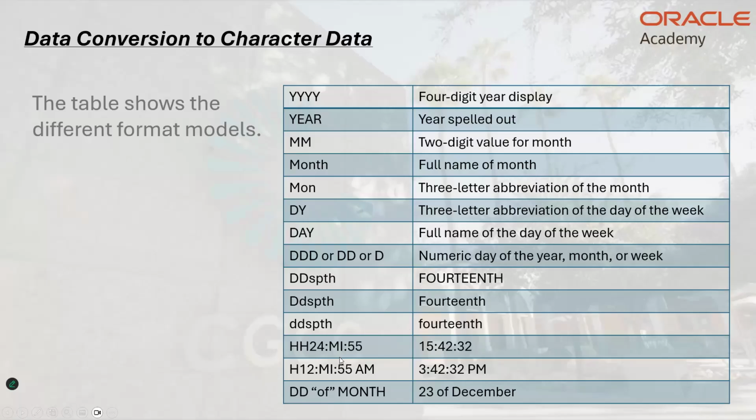All right. And then time: 24-hour, 12-hour, minute, second, and then the AM, PM added on if you want. And then here's if you want DD of month, meaning month, the full name of the month, or you can have that 3-letter abbreviation, but it'll give you the day.